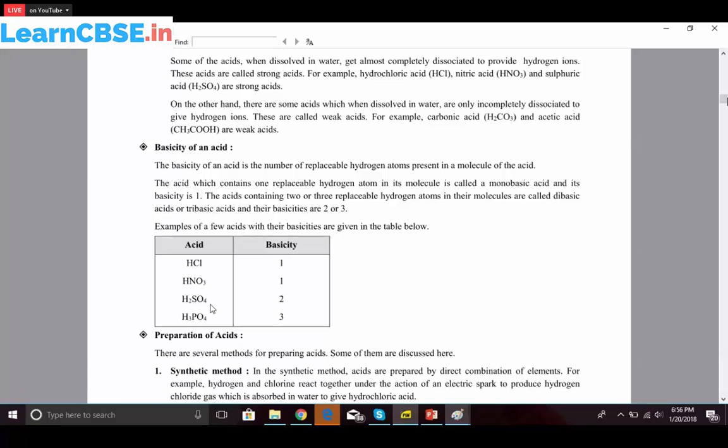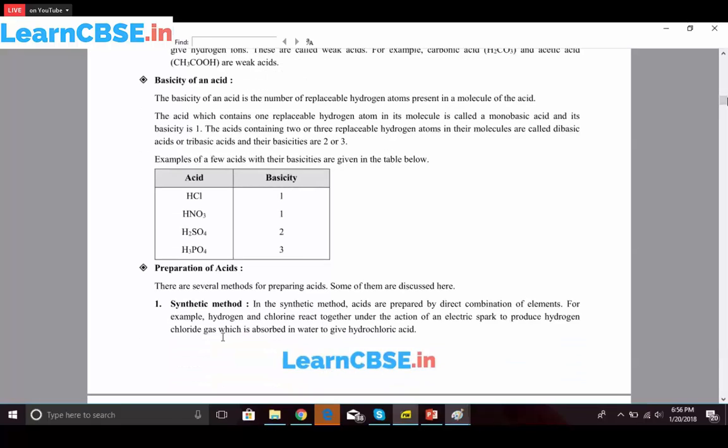H2SO4, sulfuric acid. There are two H plus ions present, so the basicity of the acid is 2. H3PO4. There are 3 replaceable hydrogen atoms, so we call it basicity 3, a tribasic acid.